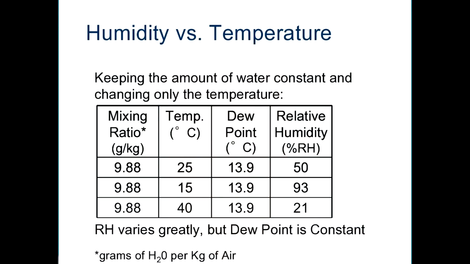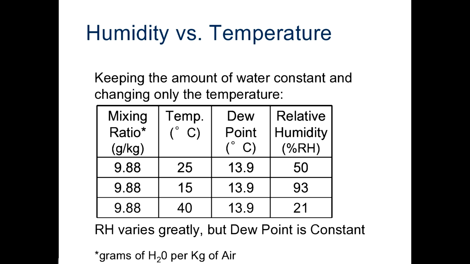Now, if we were to keep the amount of water constant in a room or a chamber and simply change the temperature, what would happen? Well, here I'm showing something called mixing ratio. It's also an absolute measurement, and it's shown in grams of water per kilogram of air. So in this example, we have 9.88 grams of water for every kilogram of air.